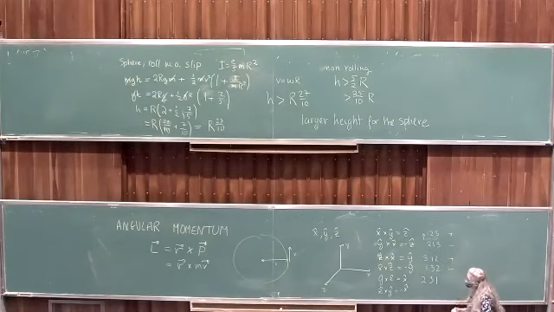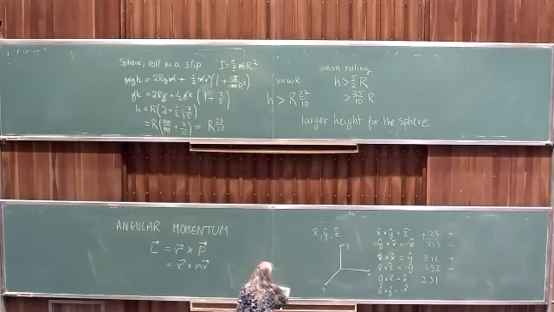The other way to compute cross products, just to remind you how you compute them, is to use a determinant form.